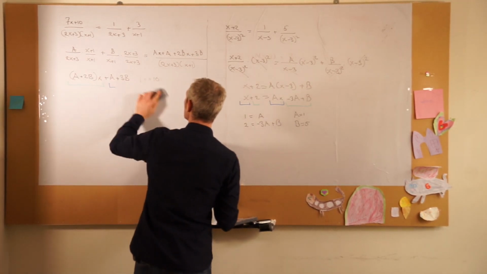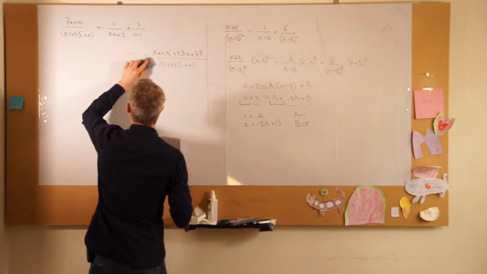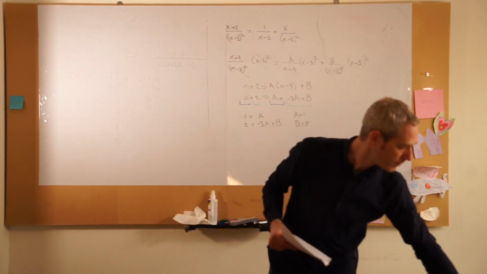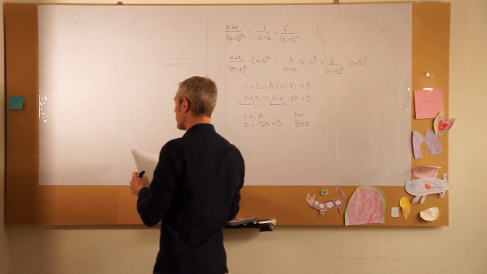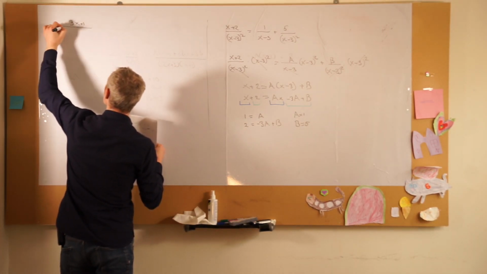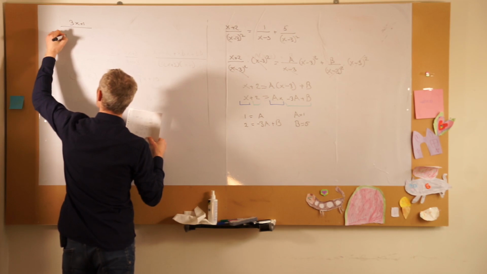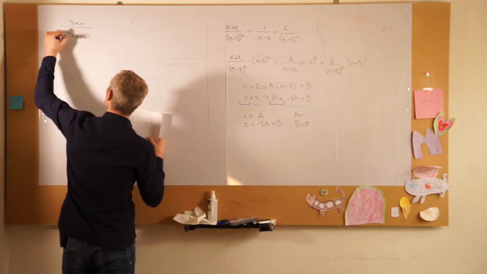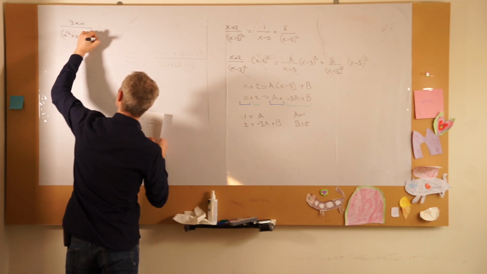Well, the final example will be an example where we have a quadratic factor with complex roots, so one we will not be factorizing. So for example, (3x + 1) over (x squared + x + 10) times (x - 1).